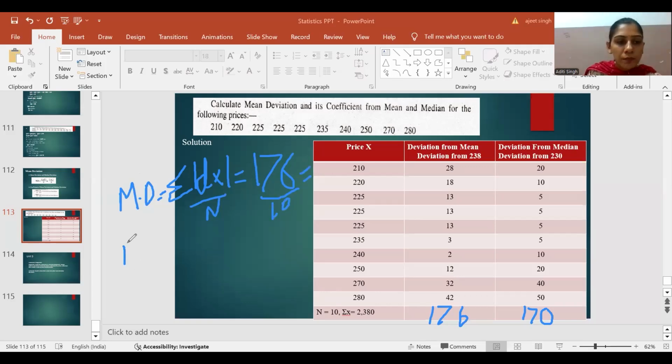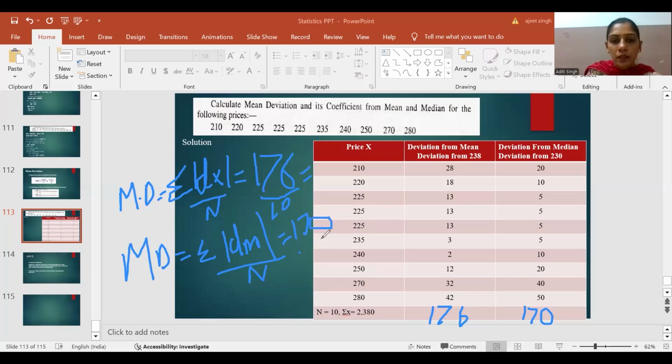After that, the median deviation is equal to sum of dm divided by n. So what will be the answer? 170 divided by 10.